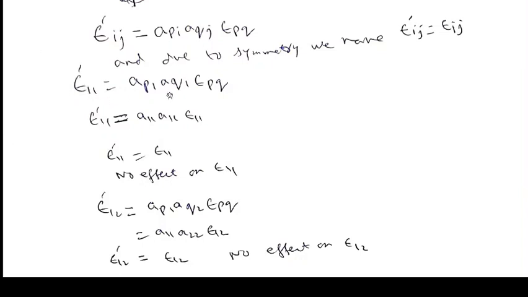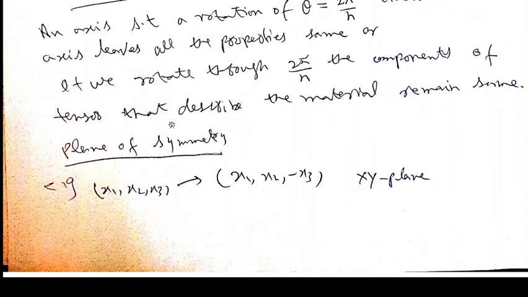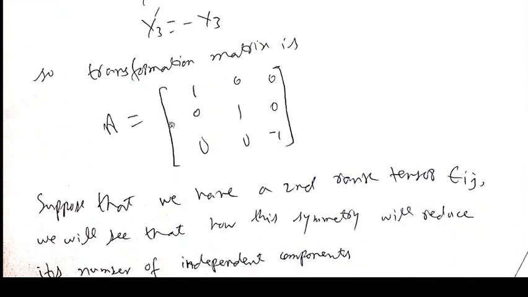Epsilon dash 1 1 will be this. Expand the summation on pq. It will be a11 epsilon 1 1 plus a21 epsilon 2 1 plus a31 epsilon 3 1, and the second and third terms are not written here because these a's are the components of this transformation matrix: a11 a12 a13, a21 a22 a23, a31 a32 a33.